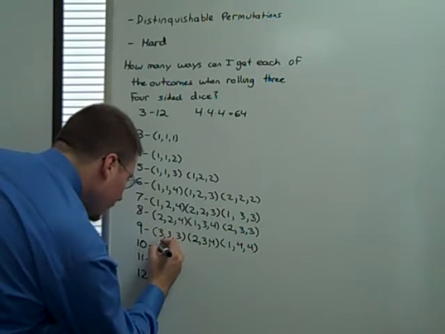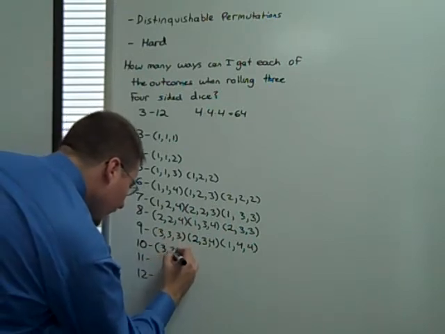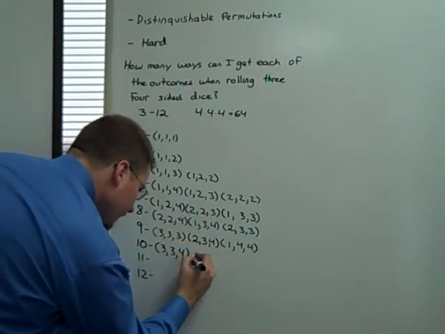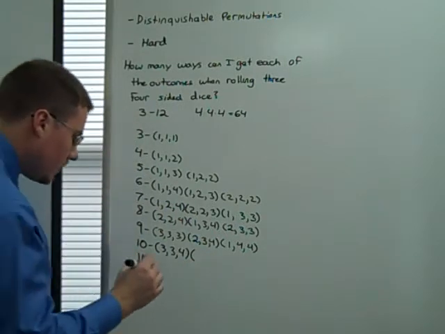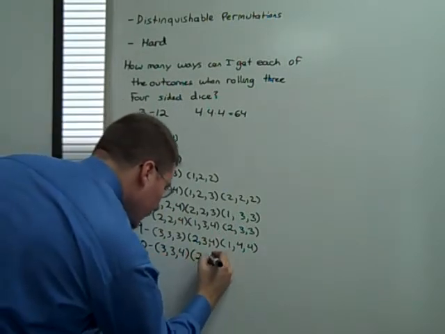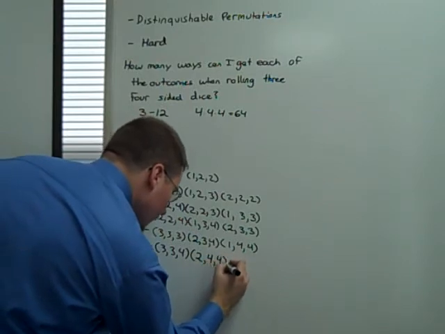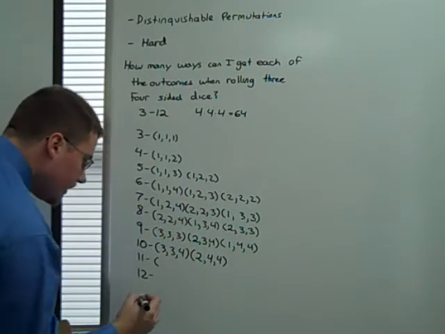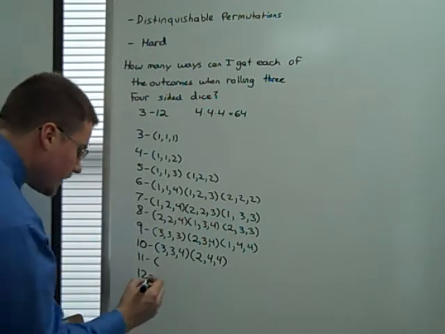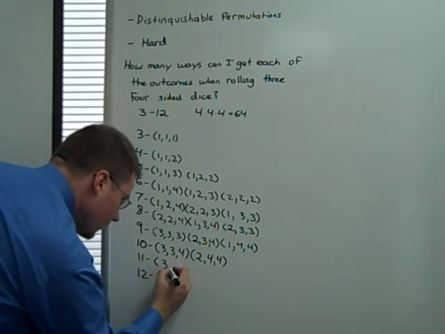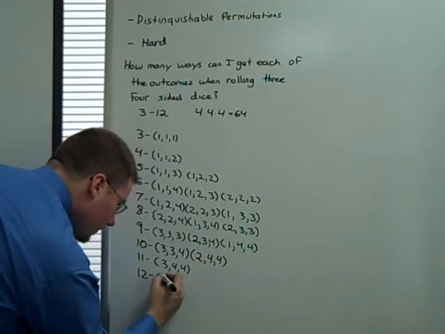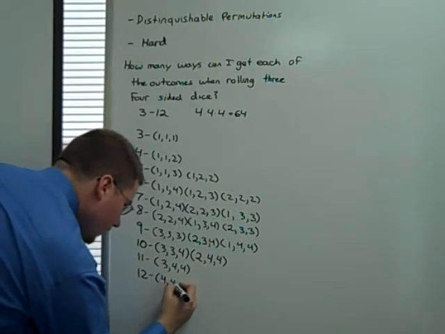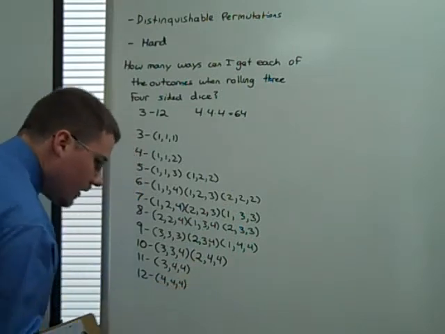So for a 10, I can only get that with a 3, 3, and a 4. Or a 2, a 4, and a 4. An 11 can only be achieved one way, and that is with a 3 and 2 4s. And a 12 is a 4, a 4, and a 4.